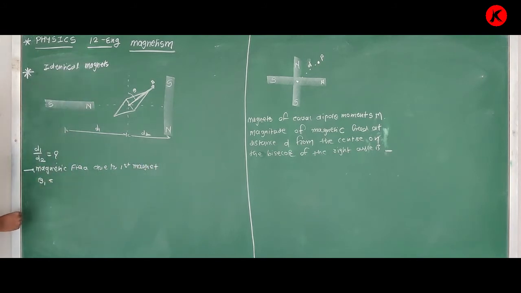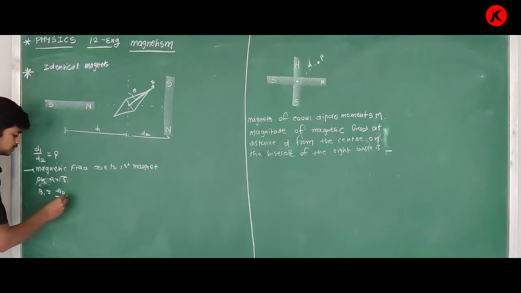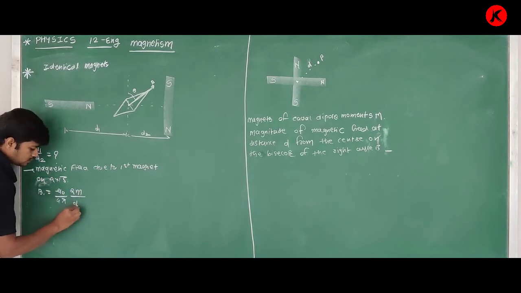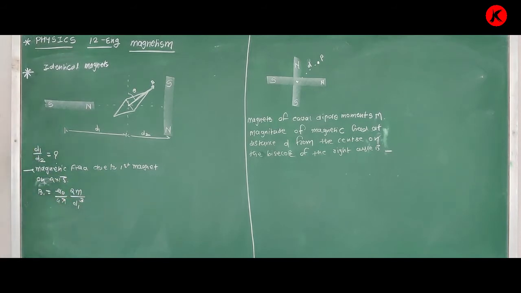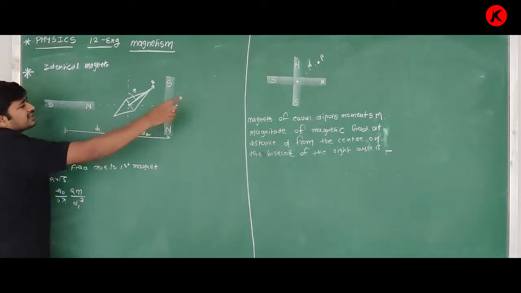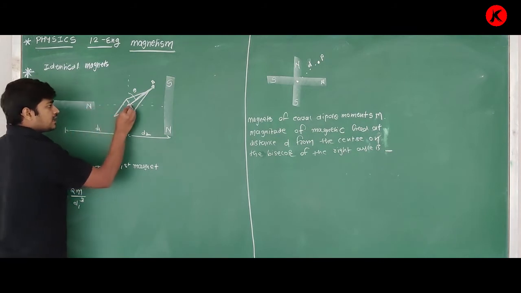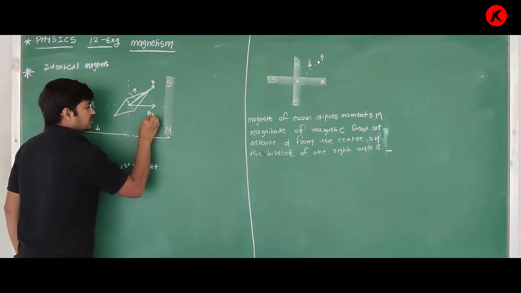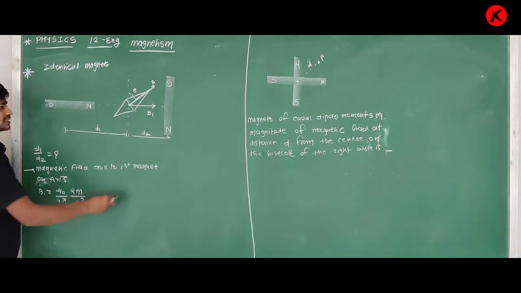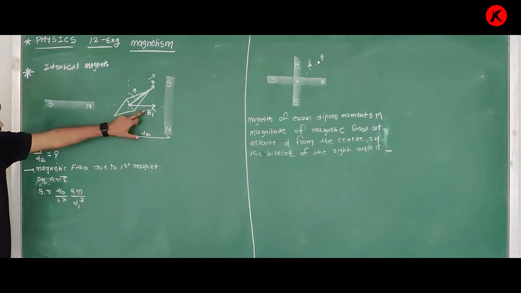As it is on the axis, B1 is equal to mu 0 upon 4 pi times 2m upon d1 cubed. Simple. For identical magnets, I have assumed the magnetic moment is m. Now, what is the direction of this B1? From the north pole, the magnetic field is outside, so due to this, the magnetic field B1 will be in this direction. I have calculated this B1.